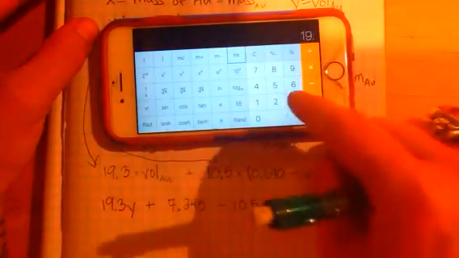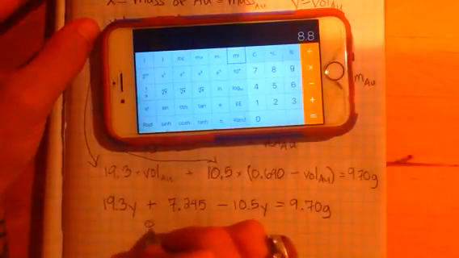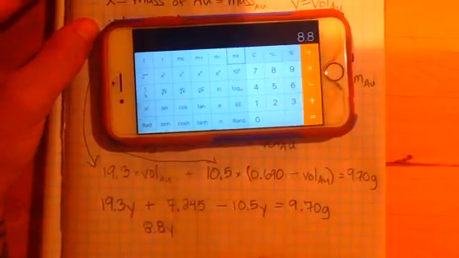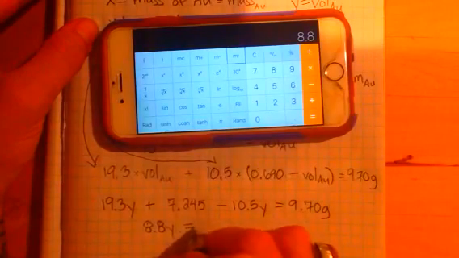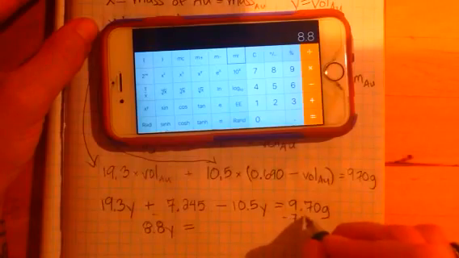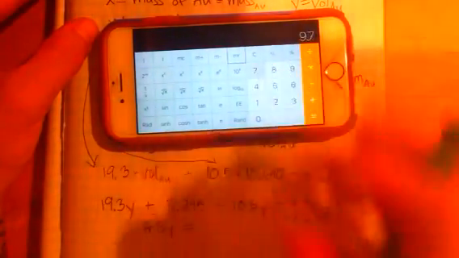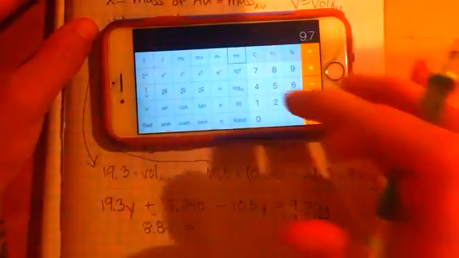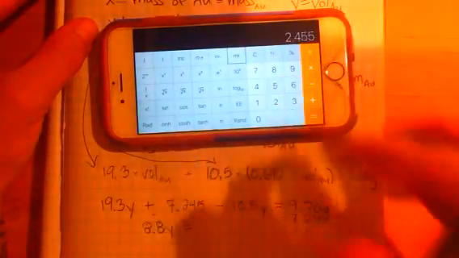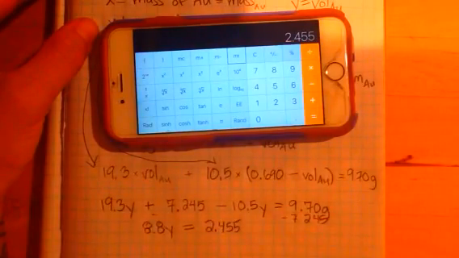If I have 19.3 minus 10.5, I end up with 8.8y, and that's going to be equal to, I'm going to do this all combined in one step, I'm going to subtract 7.245 from 9.7, which is going to equal 2.455. Solving for y, I'm going to divide by 8.8 on both sides.